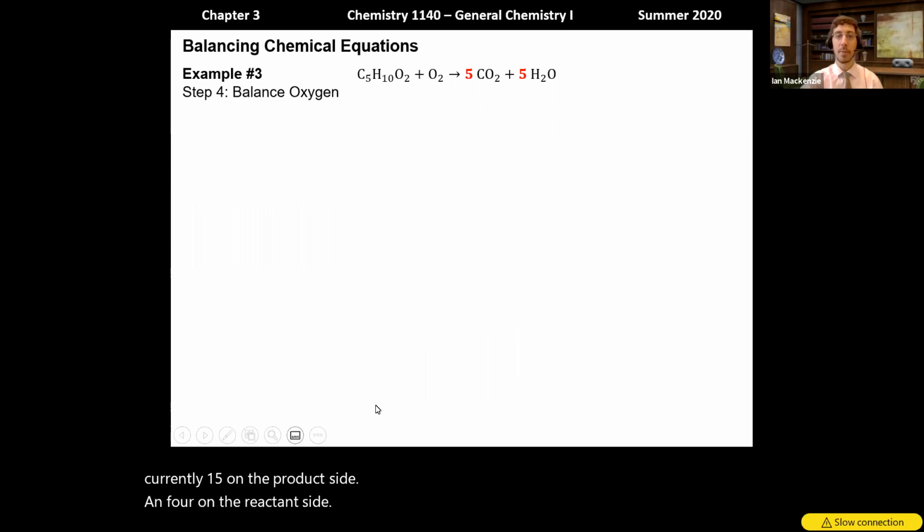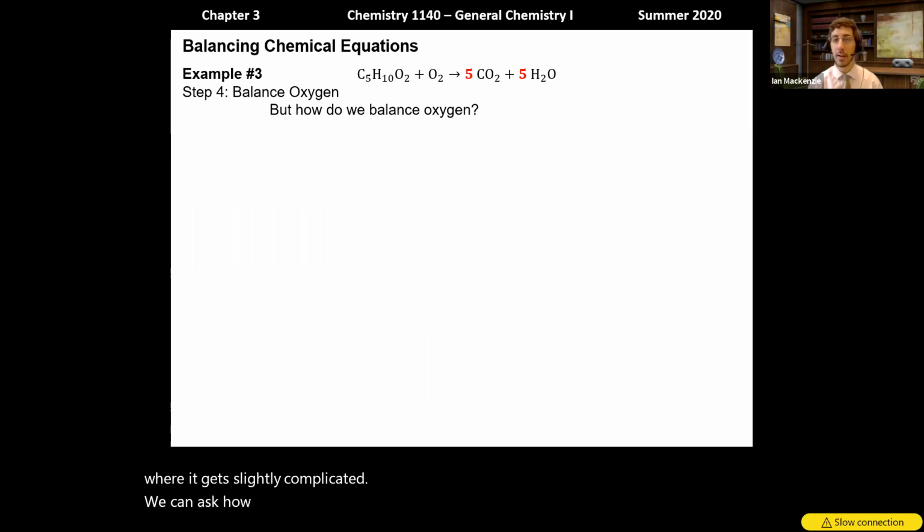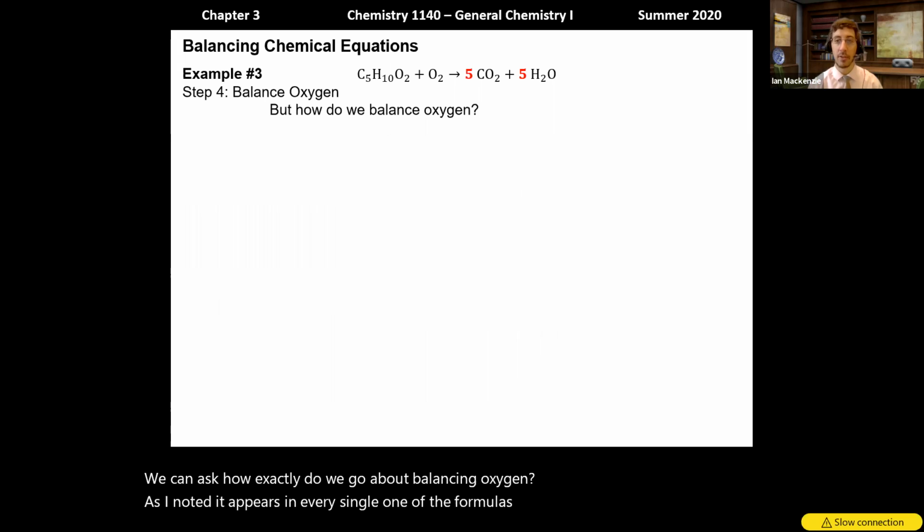So the last step then is to balance oxygen. But here's where it gets slightly complicated. We can ask, how exactly do we go about balancing oxygen? As I noted, it appears in every single one of the formulas. So which coefficient do I change?